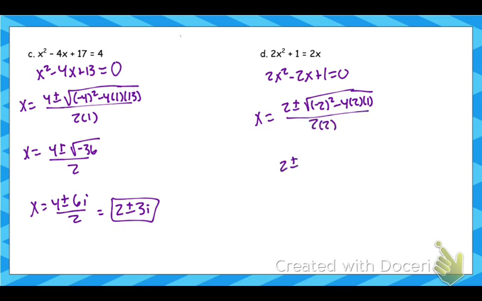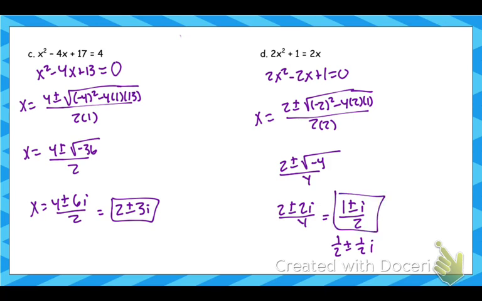So 2 plus or minus the square root of 4 minus 8, which is a negative 4. The square root of negative 4 is 2i, so plus or minus 2i over 4. So there are two ways you could write this. We can write this as 1 plus or minus i over 2, or we could write that as 1/2 plus or minus 1/2 i. Whichever way you want to write it is up to you, as long as you make sure you don't simplify these numbers before you simplify the square root.